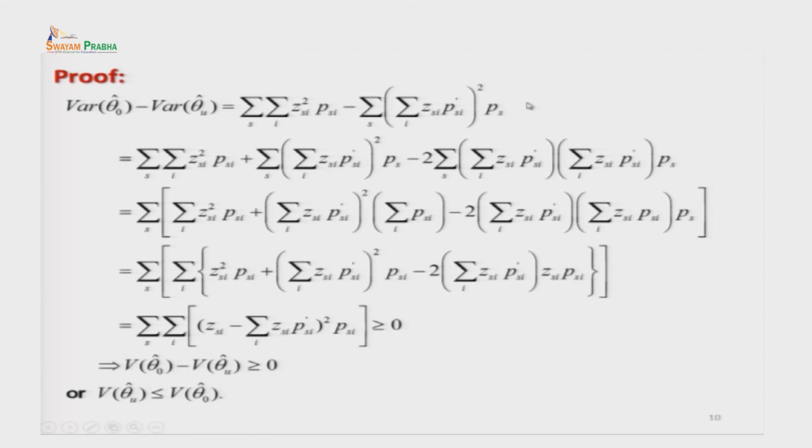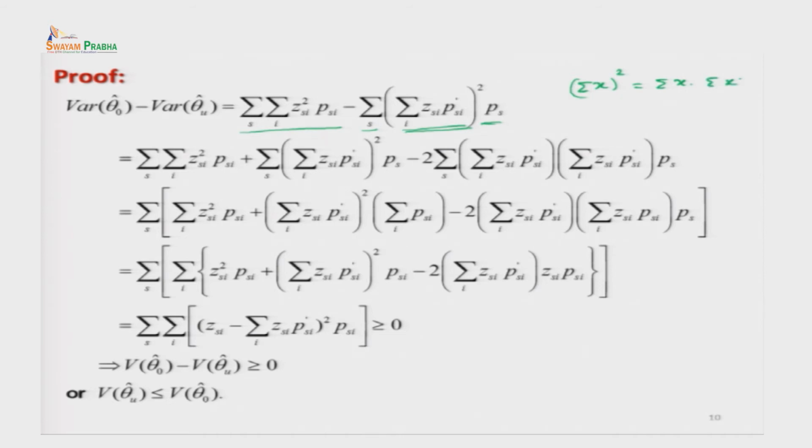Their difference will come out to be the double summation of z square psi minus the summation over s of this summation whole square, into p s. Now I try to do one thing. If I have a term like summation x whole square, I can write it as summation x into summation x.